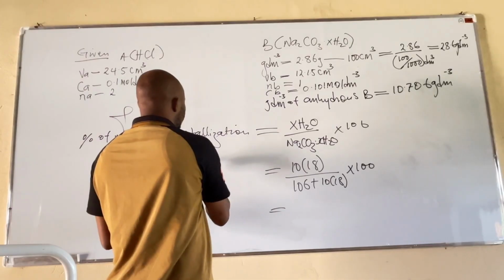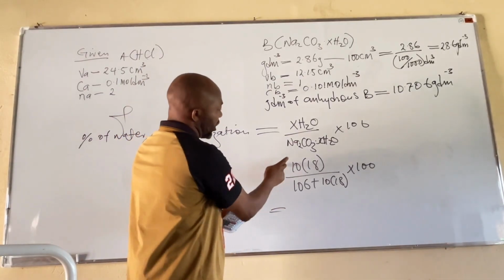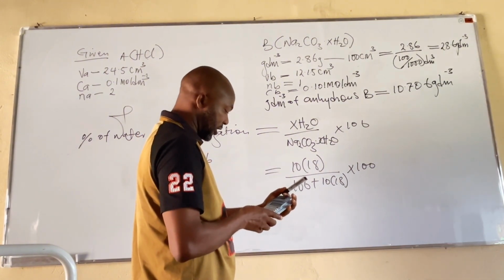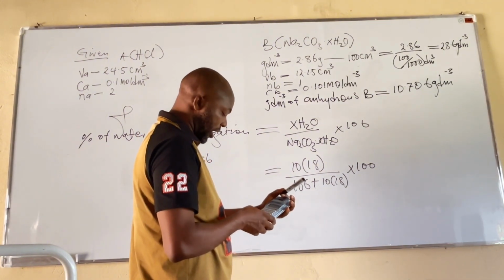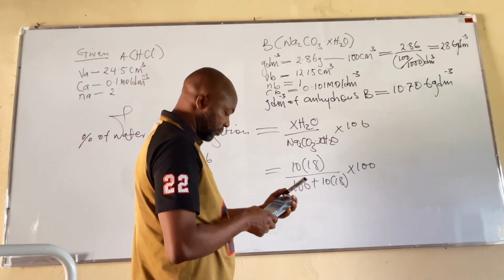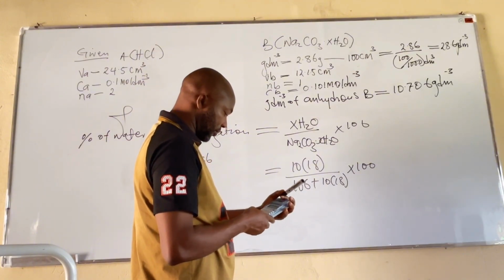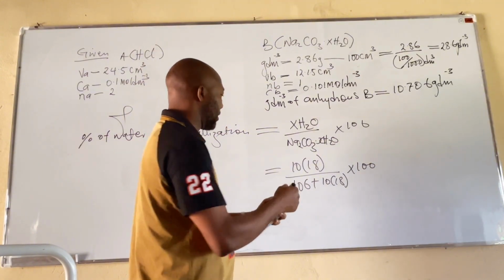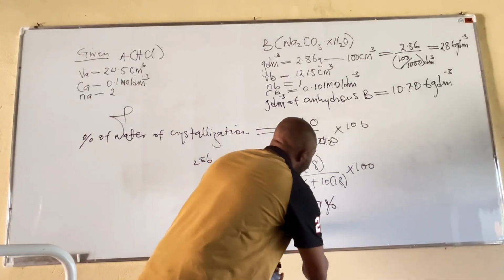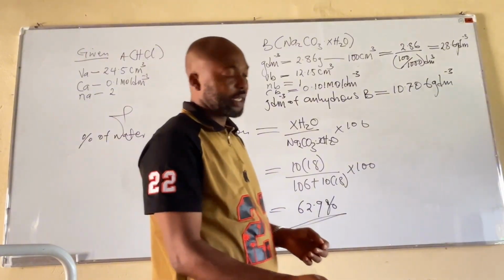So we have 180 divided by 286 times 100, which is 62.9%. So this is the percentage of water of crystallization.